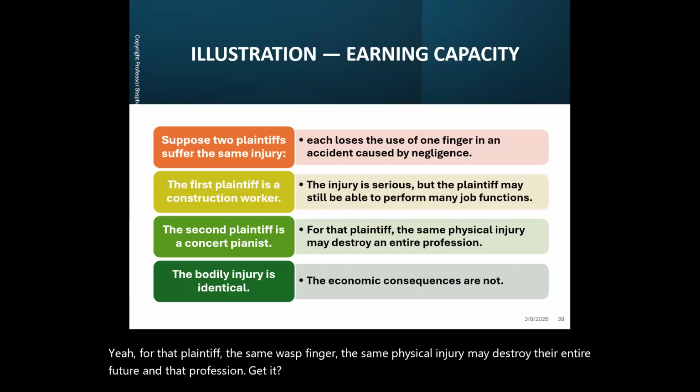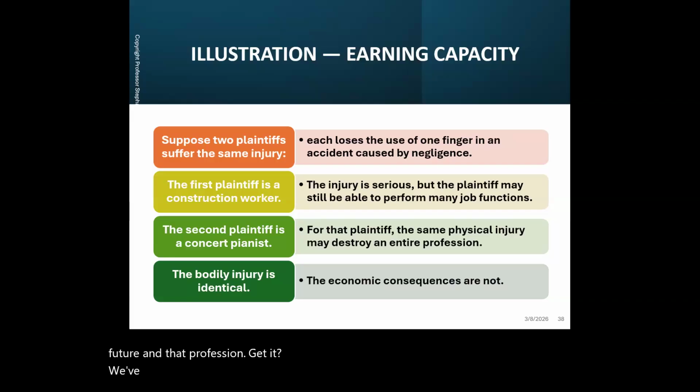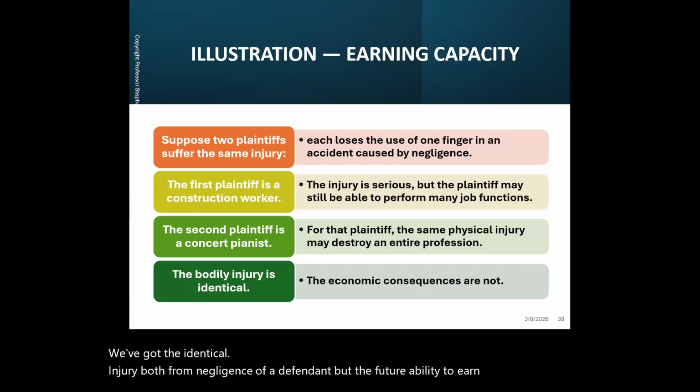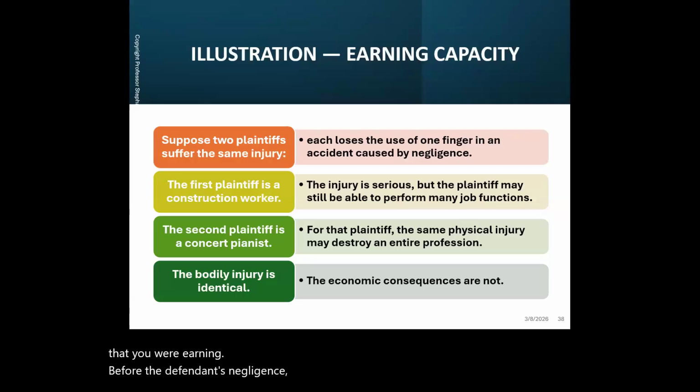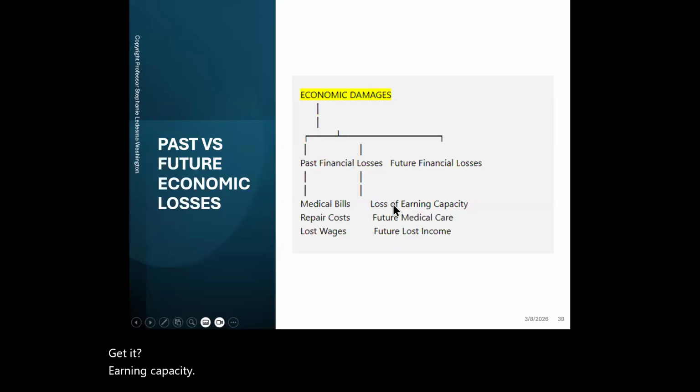We've got the identical injury, both from negligence of a defendant, but the future ability to earn in the profession that you were earning before the defendant's negligence, right? Those economic consequences are not the same. Get it? Earning capacity. Economic damages.